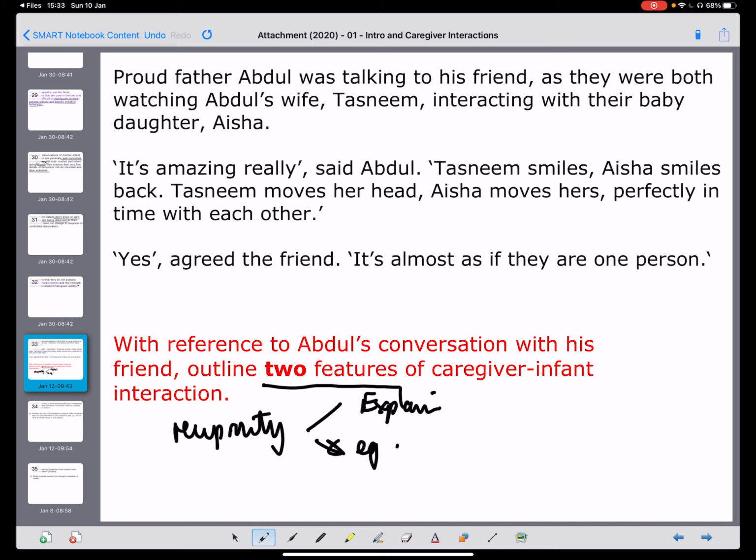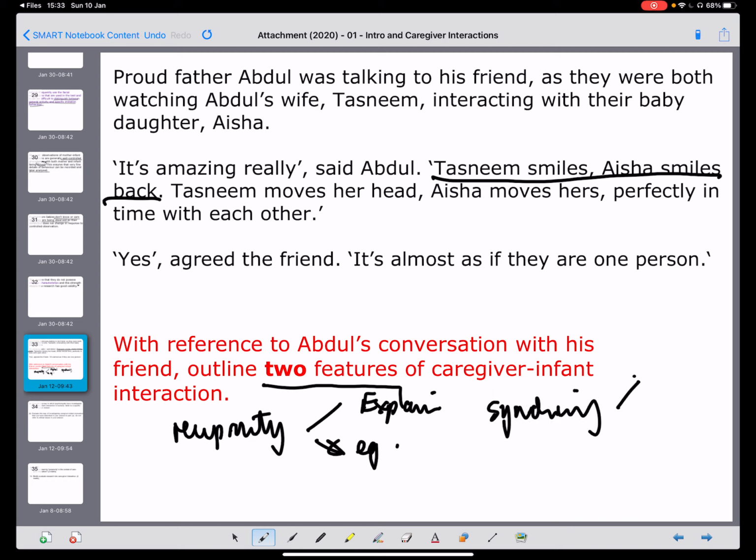Okay, so reciprocity: I do something, they respond to it. And I personally think it's this idea where it says Tasneem smiles and Aisha smiles back. So we see that one person does one thing and then the other person responds to it. The next one is synchrony.